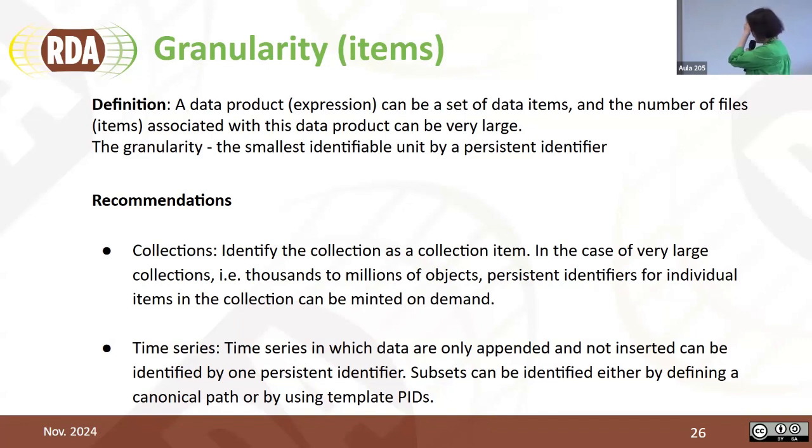I remember there is an example in the document you can look at. And a subset can be identified either by defining a canonical path from the collection, which you can follow to the item, or by using template pairs.